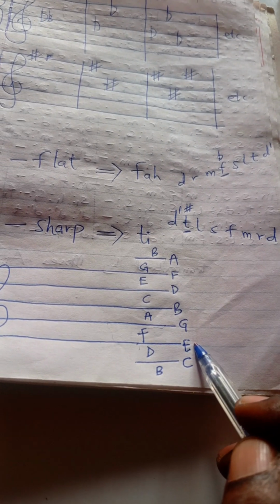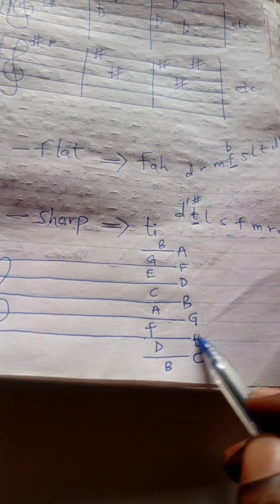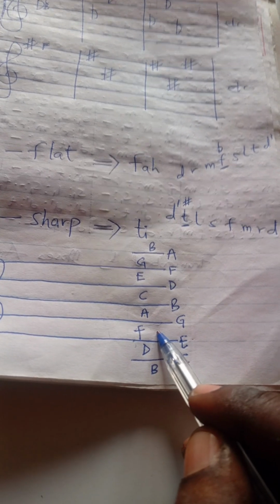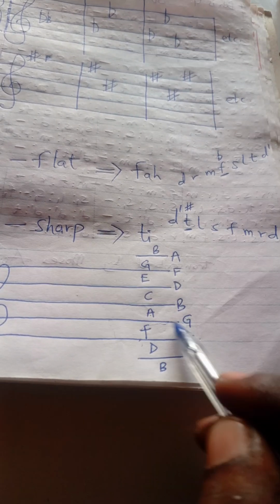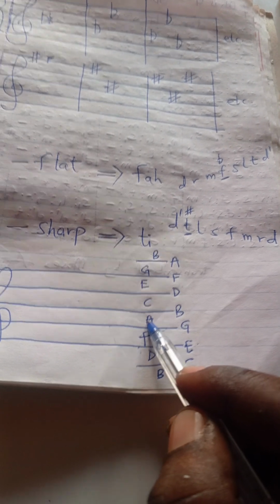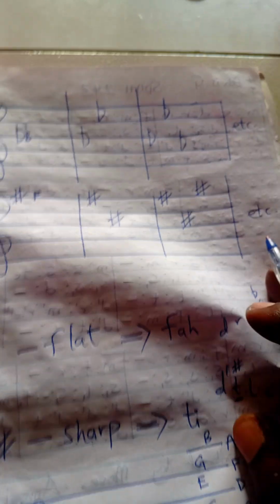This line 1 here is called key E. The first space is key F. The second line is key G. The second space is key A, and it follows upwards.